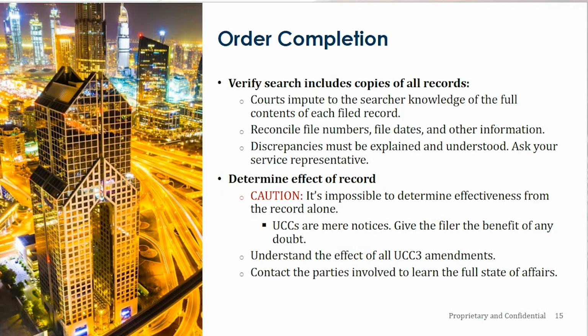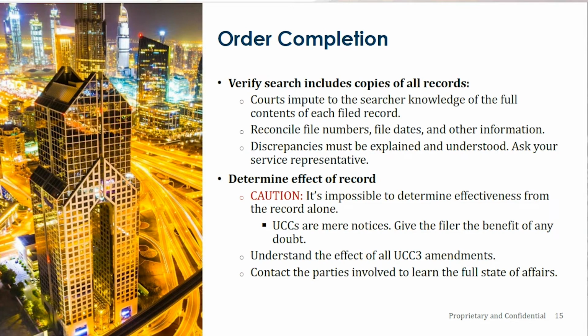Okay, so let's talk briefly about when an order is complete and you receive the results. Just know that when you get your search results, you'll want to review all the pages, especially where records are found. There are situations where UCC filings have collateral exhibits attached to them. You want to make sure that any exhibit has been filed and recorded properly in the state office.